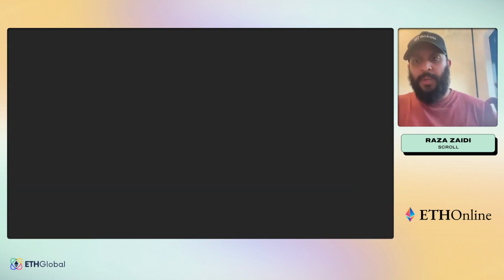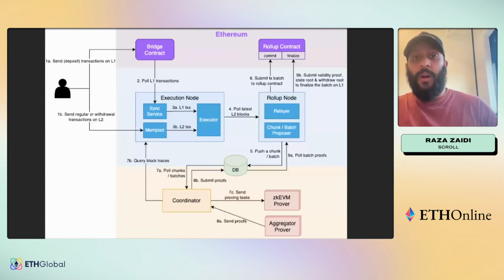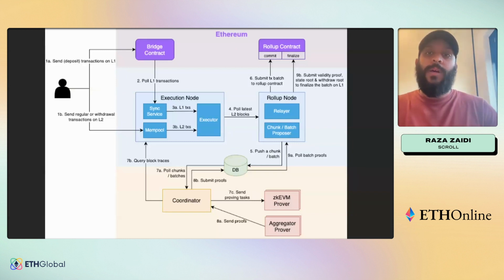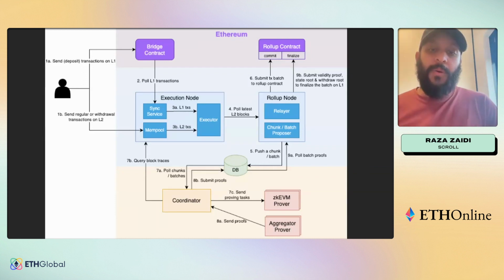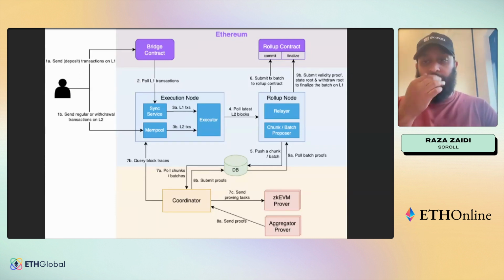So I briefly spoke about the architecture, and over here you can see a deeper dive of the transaction lifecycle. Again, we won't dive in too deep into this because I want to show you guys how easy it is to deploy on Scroll, the main benefit of being EVM compatible, and then also dive into the bridge side of things.